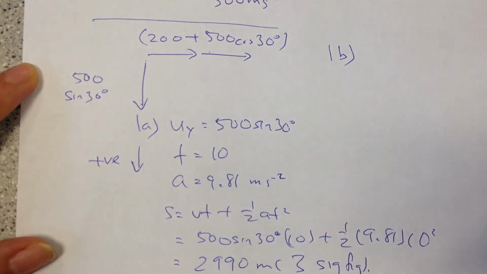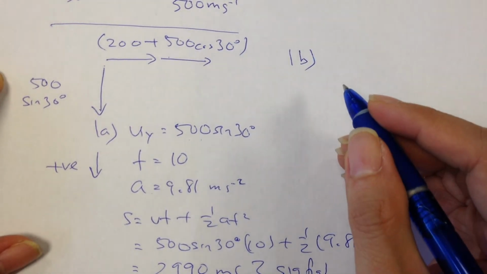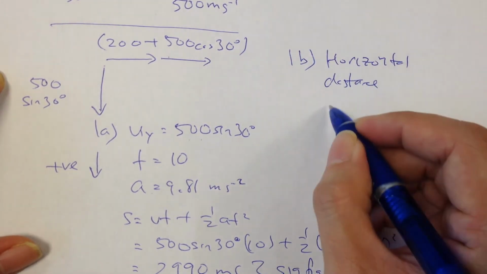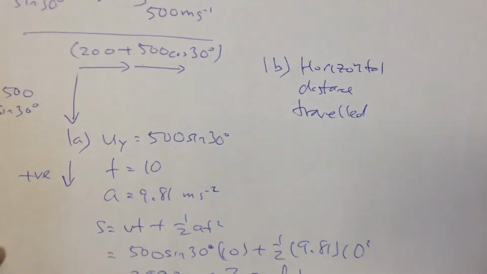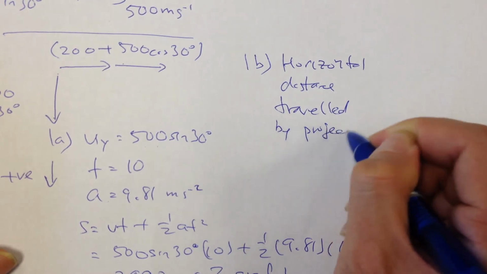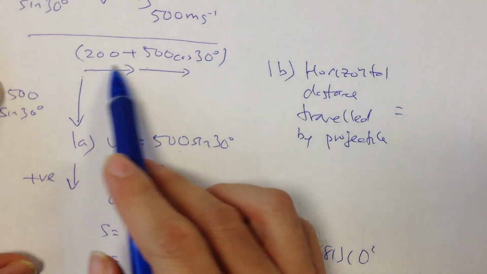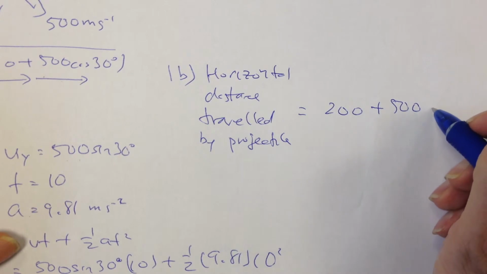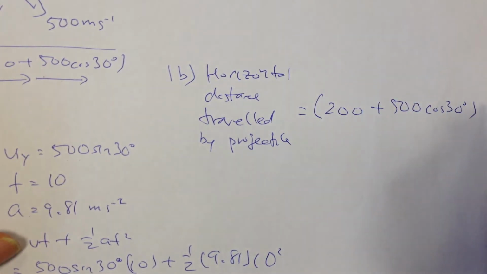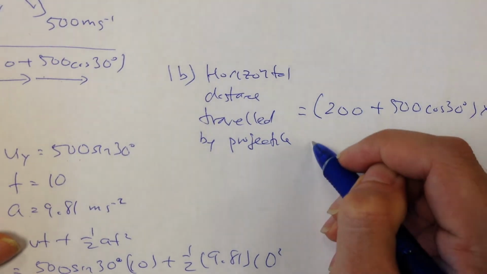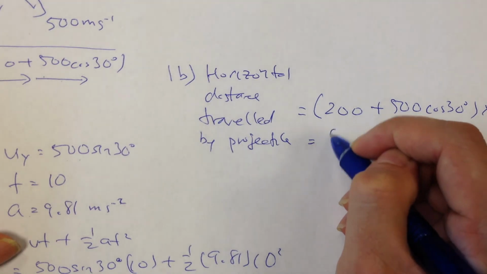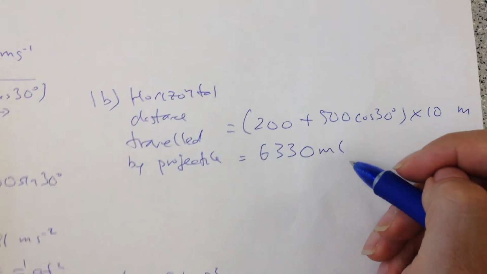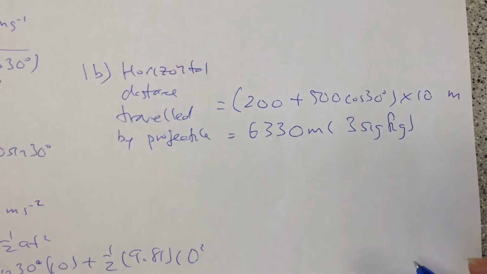So 1B: horizontal distance traveled by the projectile is equal to this speed multiplied by 10, 200 plus 500 cosine 30 degrees, multiplied by 10, which is equal to 6330 meters in 3 significant figures. Okay, that's 1B.